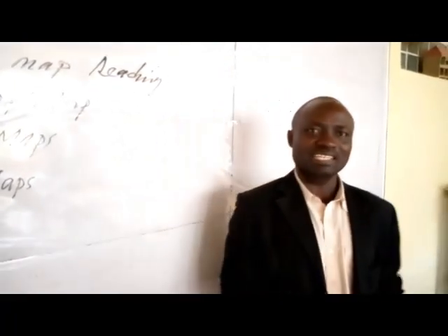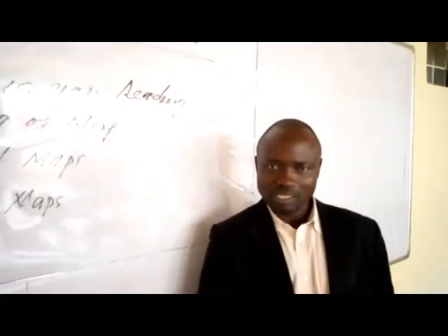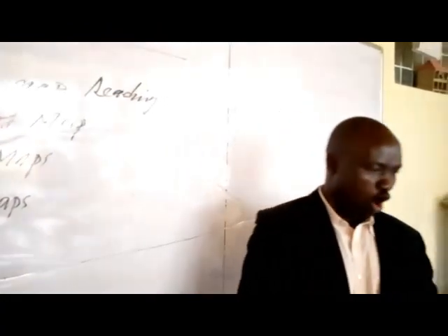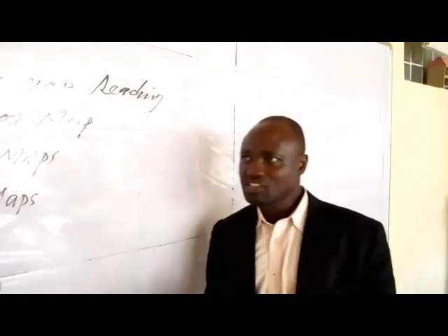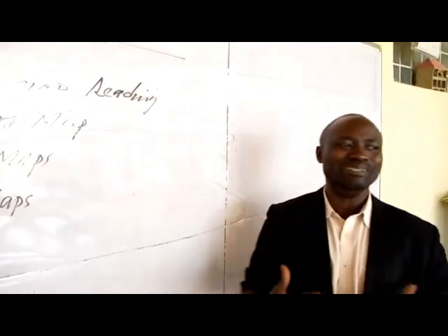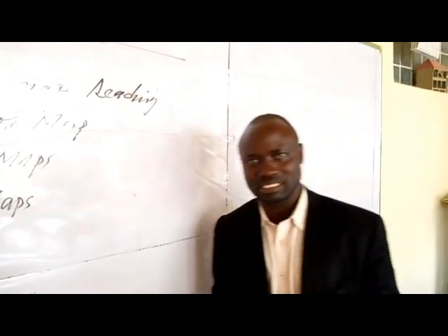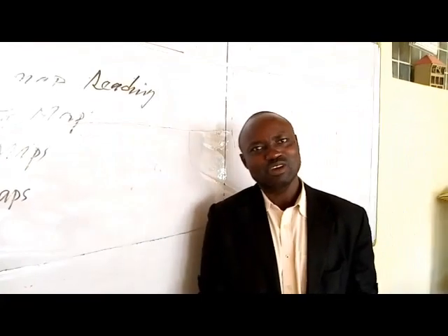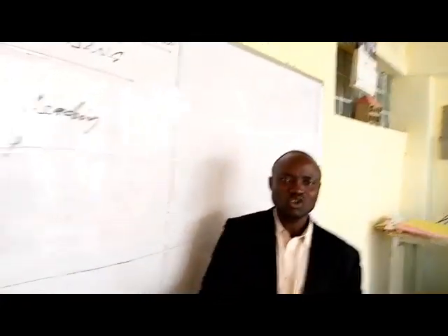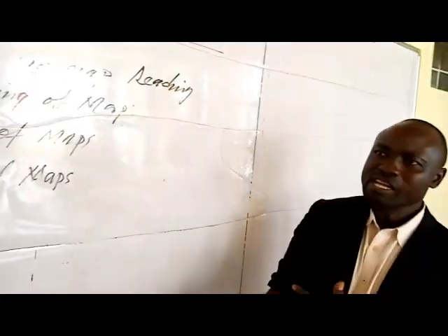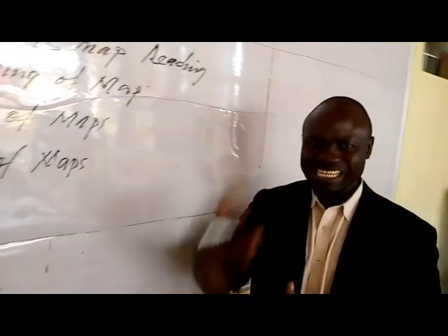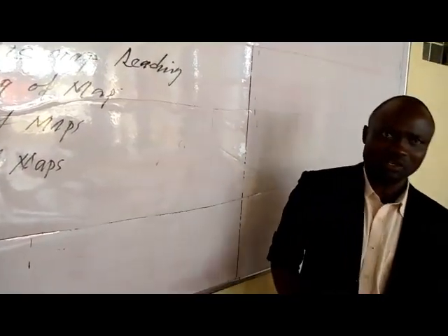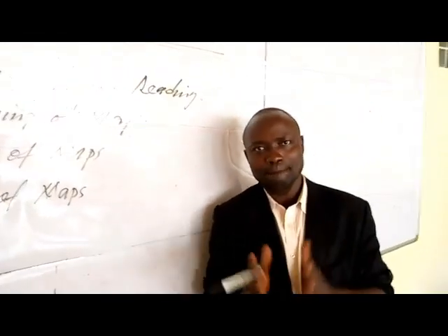How do we understand? How do we appreciate without having these concrete facts? It enables us to appreciate, to comprehend, in other words, to integrate, to evaluate, and also to understand the intention of the map makers.